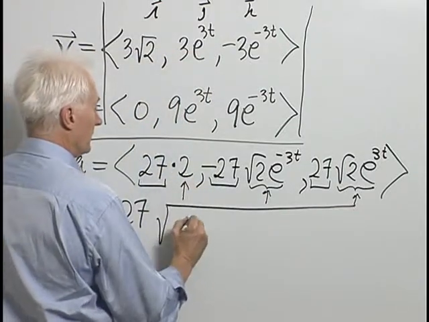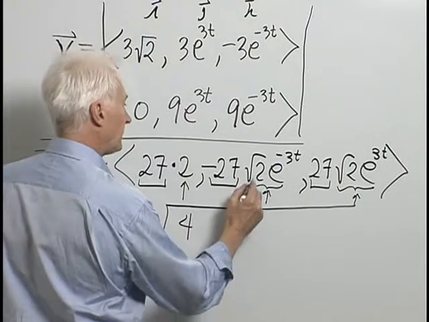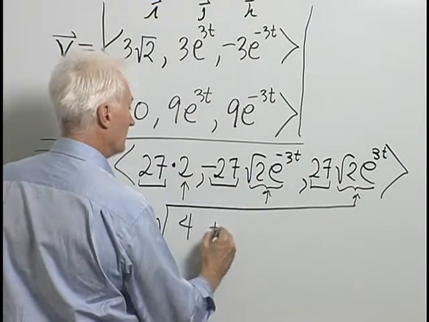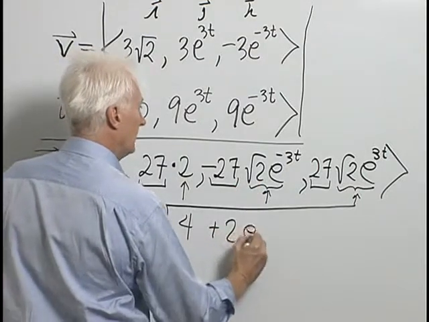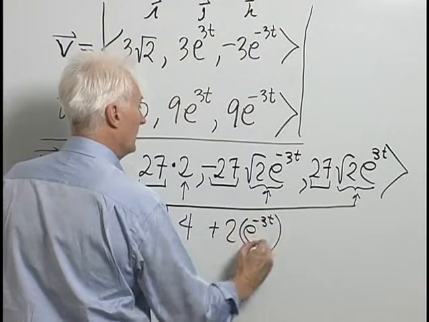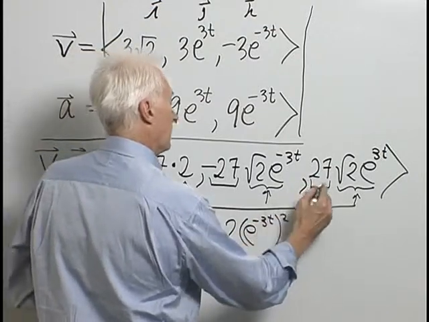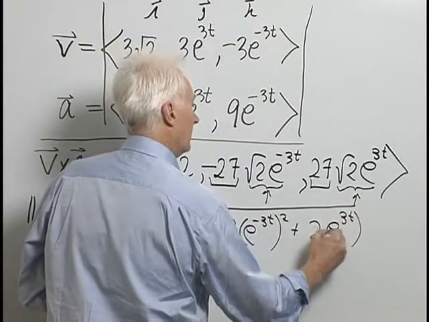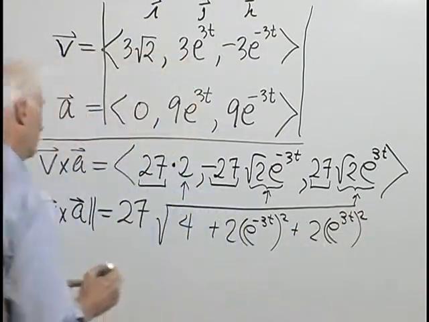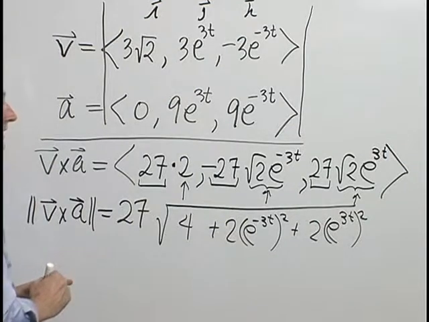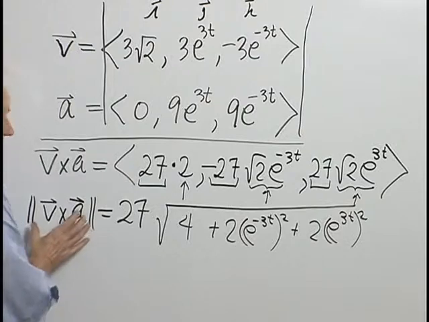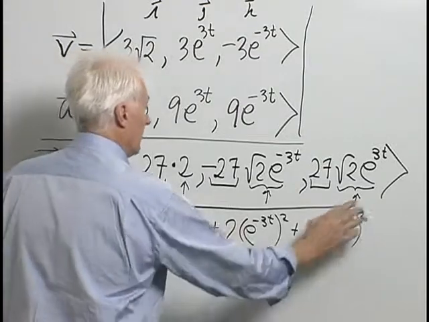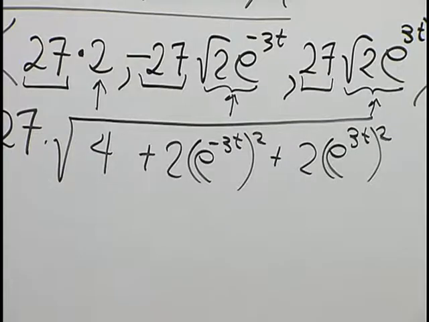So 2 squared is 4, plus square root of 2 squared is 2, e to the negative 3t quantity squared, and plus, again, 2, and this time e to the 3t quantity squared. And so that is the quantity v cross a, length, 27 times this radical.